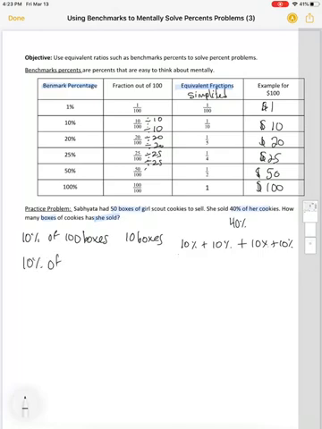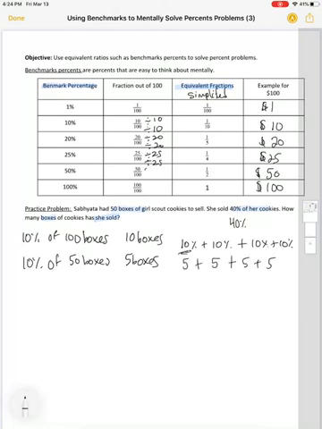But now we're going to use our benchmark, so 10 out of 50 boxes. And that gives us 5 boxes. Okay, if we look at the relationship, 50 boxes is half of 100 boxes. So 10 boxes, we need half of that, which is 5 boxes. So now what I've just figured out is that 10% is 5 boxes.